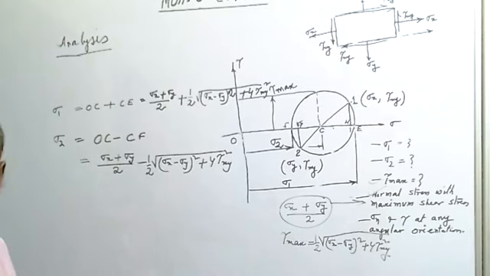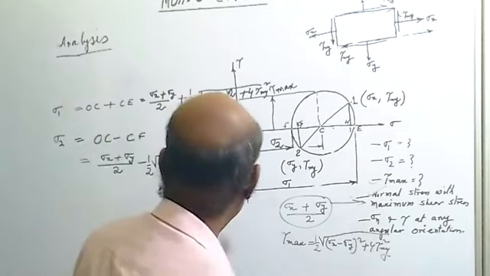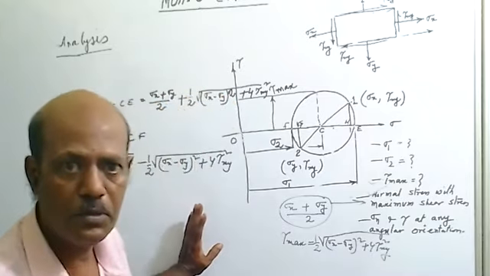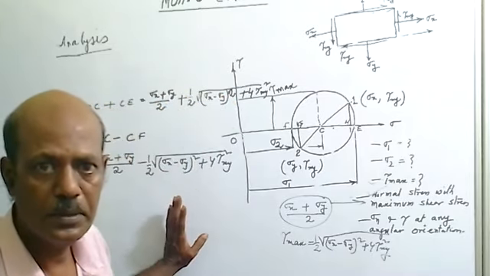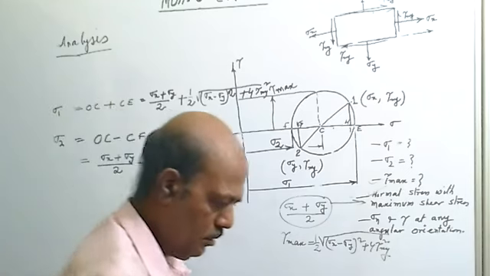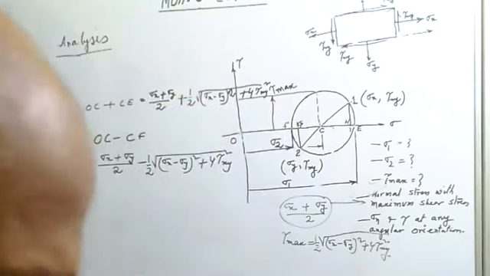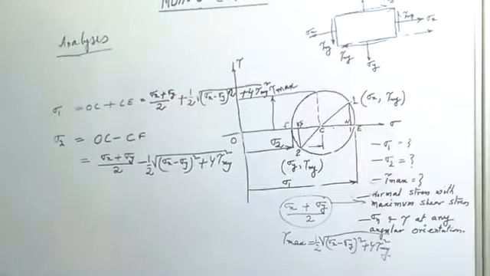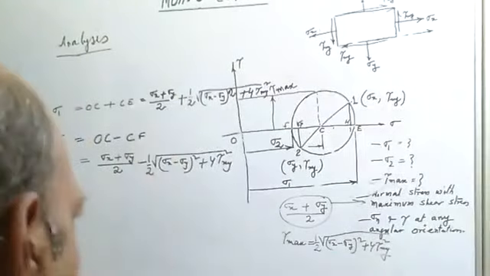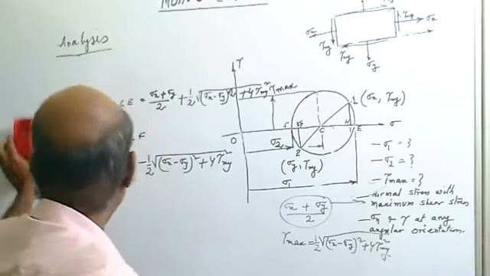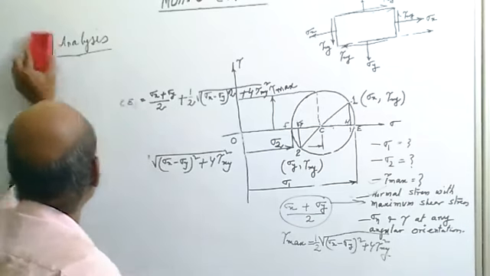So any Mohr circle, you can analyze geometrically in this way. Now we will see some problems related to the Mohr circle, by varying how we can draw it.